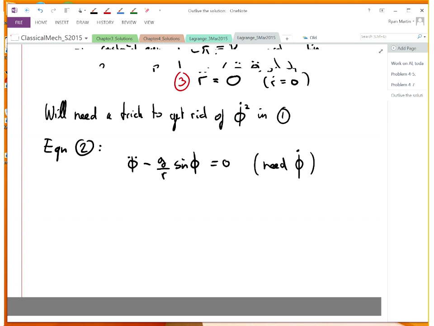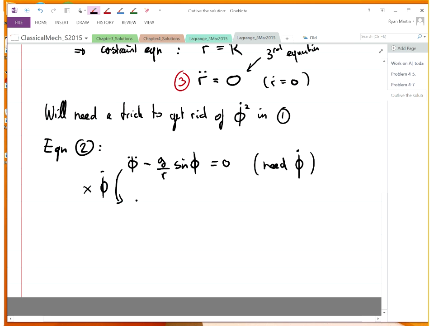So the trick is to multiply this equation by phi dot. If you multiply this equation by phi dot, you get phi dot times phi double dot minus G over R sine phi times phi dot equals 0.